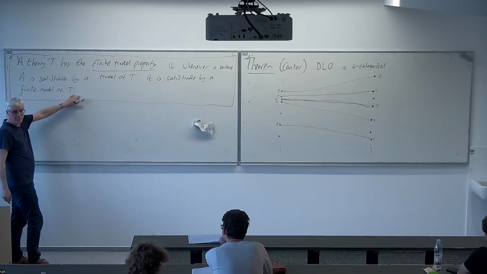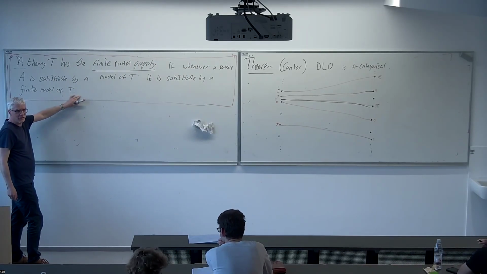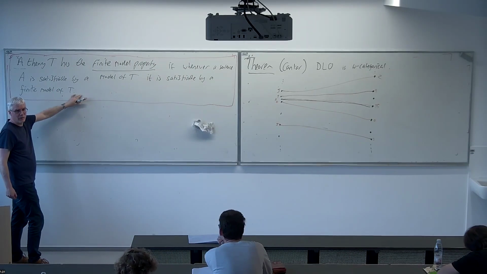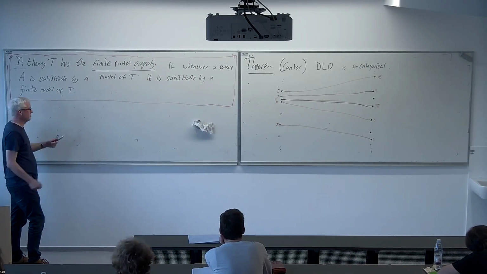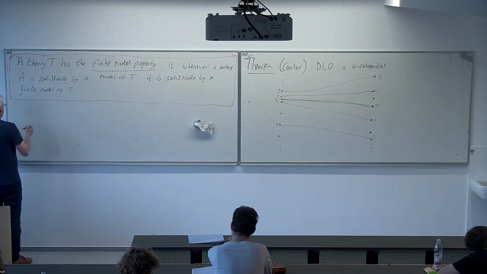This is useful because it turns out that if a theory is finitely axiomatizable and has the finite model property, then it is decidable. This is Harrop's theorem.